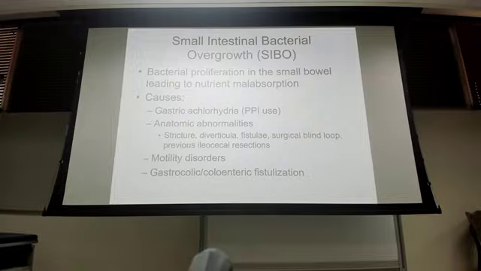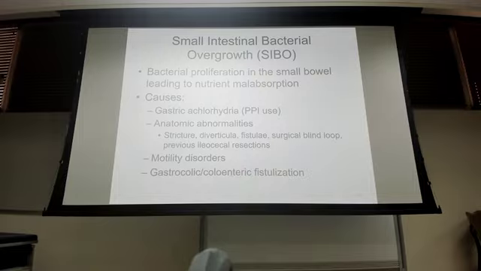Previous surgeries, so a complication from a disease like IBD, Crohn's or ulcerative colitis. So diverticuli, strictures, fistulas, those anatomical abnormalities that sometimes allow bacteria in the small intestine that should be hanging out in the large intestine. And also motility disorders.